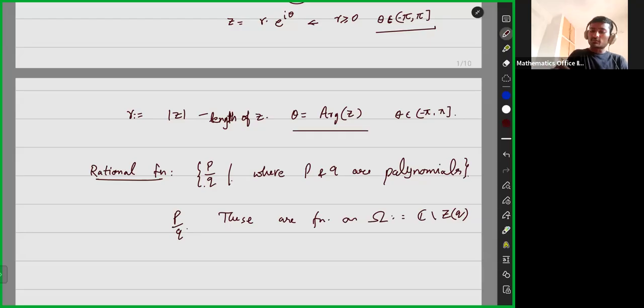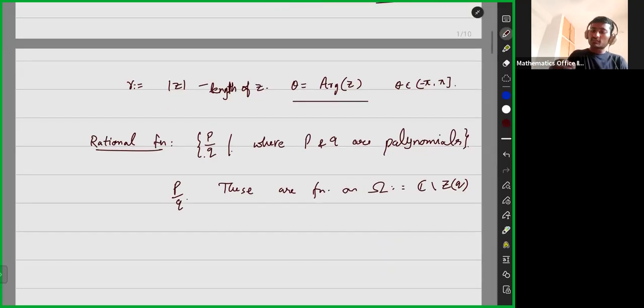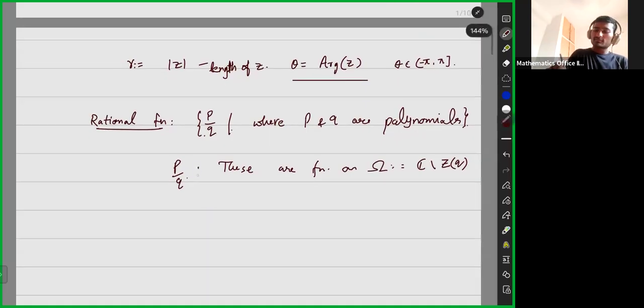And P and Q are co-prime. If there are common factors, we can cancel them out. So P and Q we can take co-prime, and then we can say P by Q. These functions are rational functions, right? But their domain should be restricted. That we have to do always.